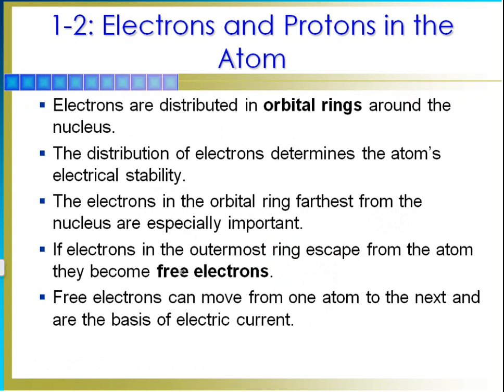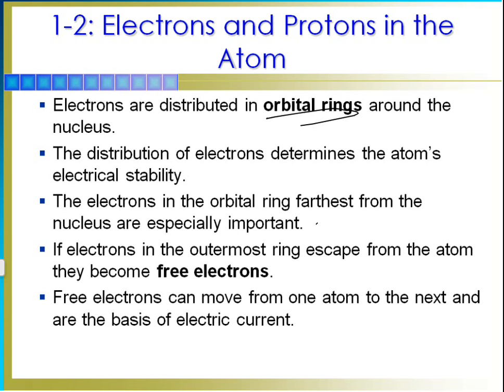Now you saw in the copper atom and in the carbon atom that each one had different rings, and those are known as orbital rings. The distribution of the electrons determines the electrical stability of an atom. You notice the copper atom that we looked at earlier only had one electron in the outermost ring. Well, because of that one electron in that outermost ring, he's not the most stable of atoms.